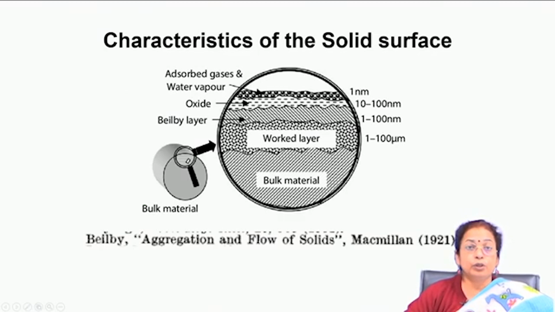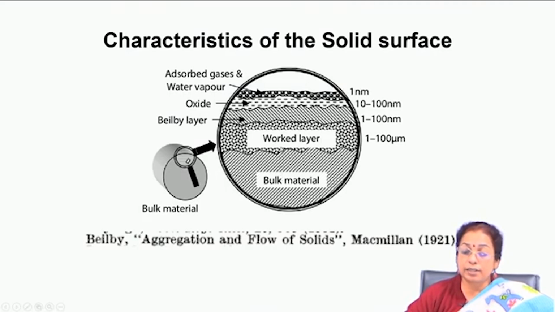If you also do nano hardness analysis, you will find that it has a little higher hardness than the rest of the material. Below that there is the work layer, where you will find a lot of dislocations and dislocation entanglement, and also elongation of the grains, and below that is the bulk of the material.